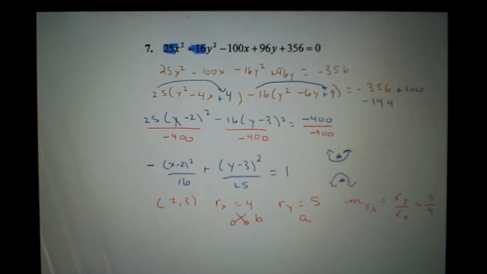So now I'm going to take this information and I'm going to graph it, and I'll see if I can squeeze the graph over here. So there's my axes, and I'm going to put my center at 2, 3.